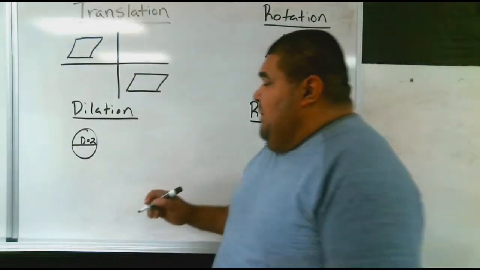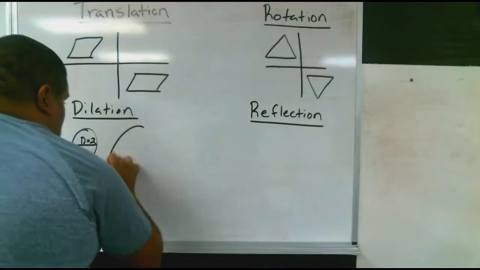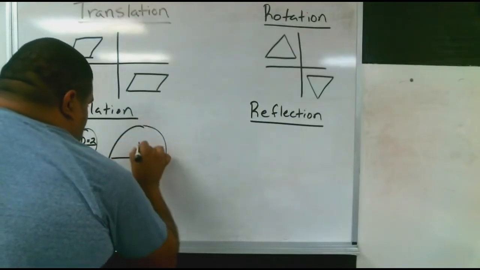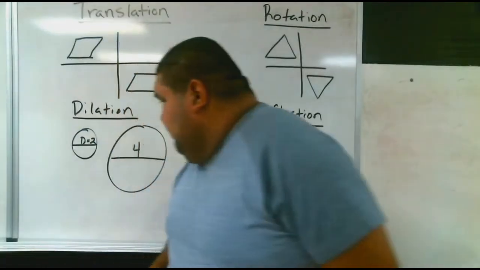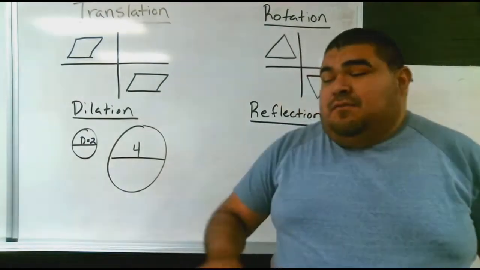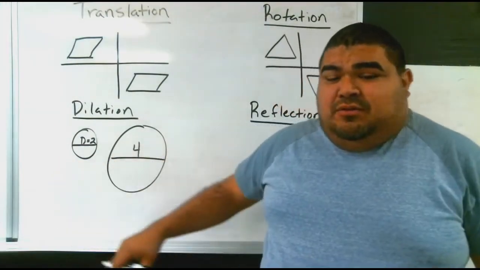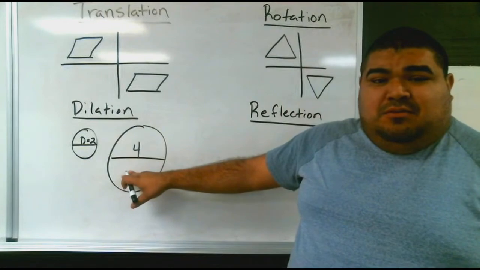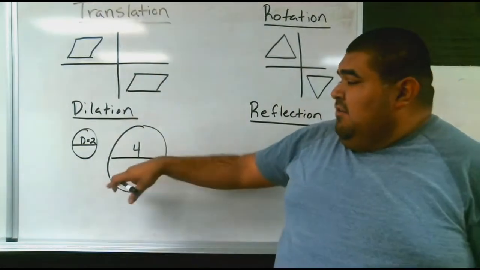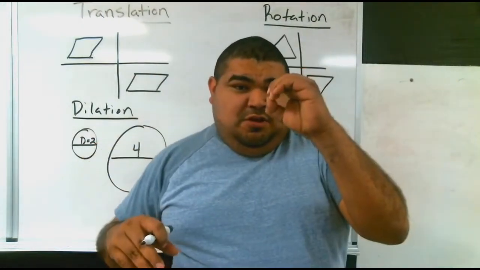In this case, I'm going to make mine 4 times bigger. So I dilated from my original, I made it bigger. You can do vice versa. You can do a big one, make it smaller.